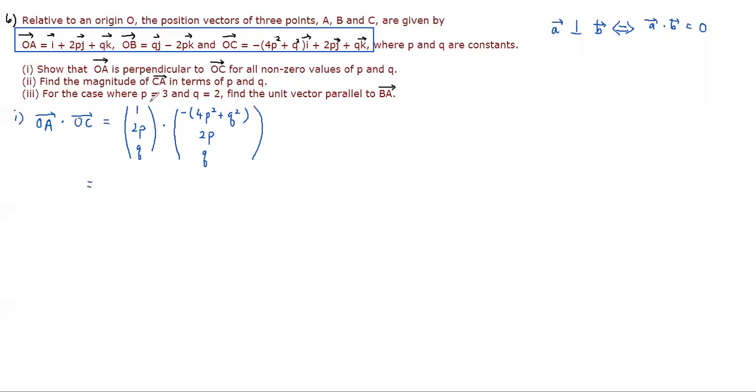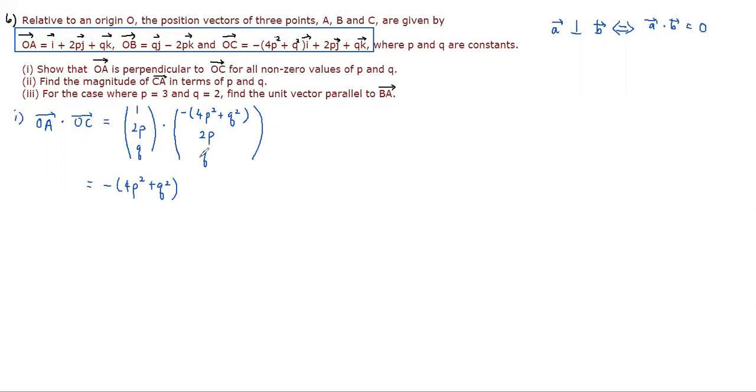So the dot product of these two vectors would be the sum of the products of the corresponding components. So you multiply the components of vector I, that gives you 1 times negative 4p squared plus q squared. That gives you negative 4p squared plus q squared as the product of the components of vector I.